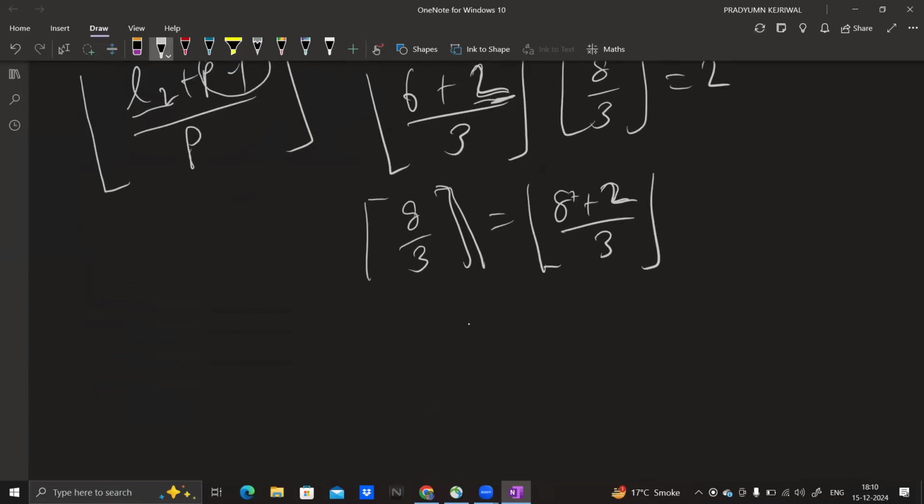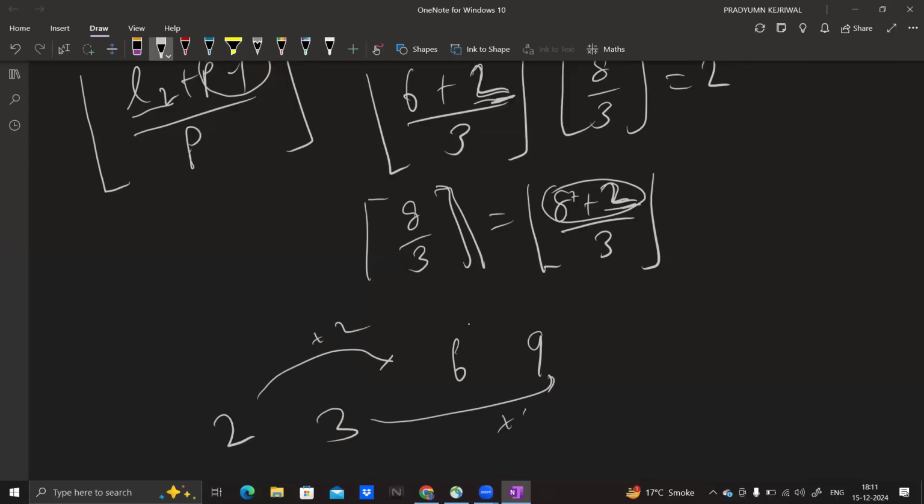What is 8 by 3? The floor of 8 by 3 is 2 and the ceiling is 3, and if you multiply it by 3, then you get 6 and 9.